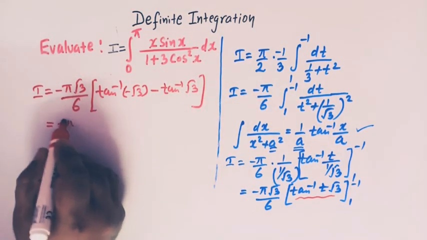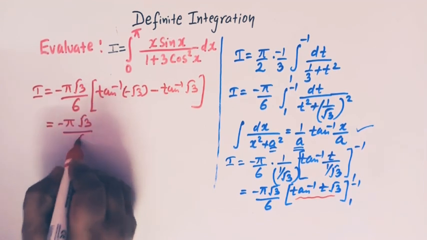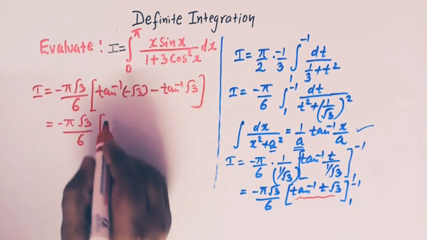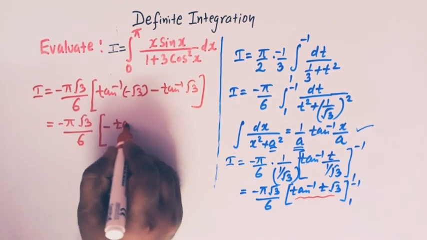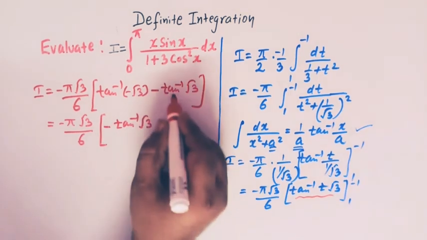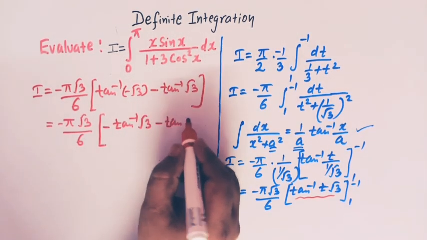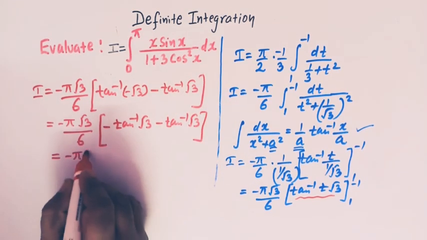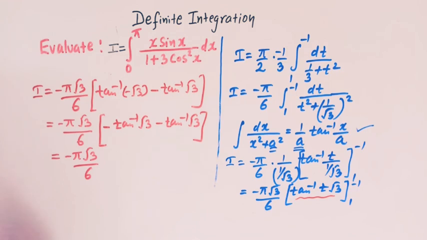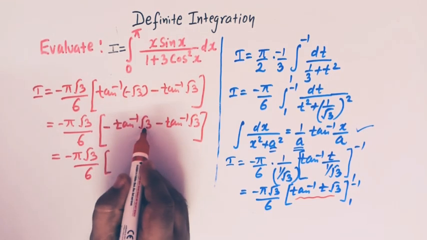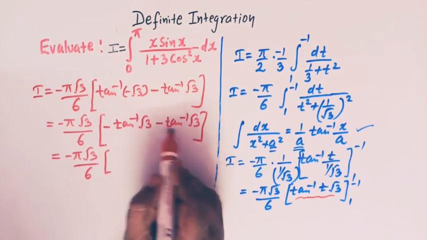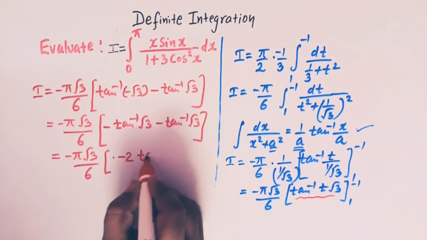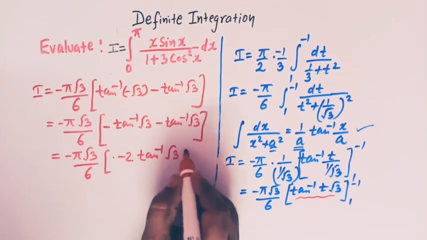Now this is minus pi root 3 over 6, and tan inverse minus root 3 can be written as minus tan inverse root 3, and here also we have minus tan inverse root 3, and this is minus pi root 3 over 6, and tan inverse root 3 minus tan inverse root 3 is minus 2 tan inverse root 3, right?